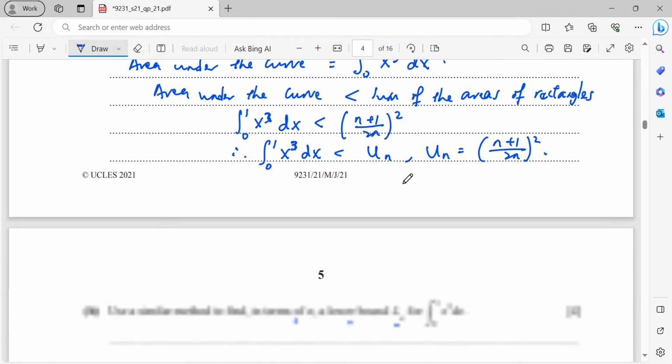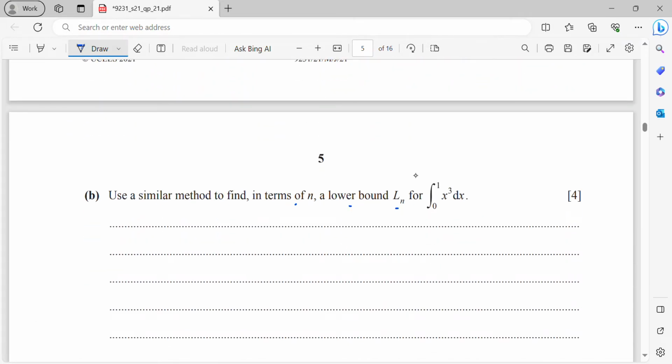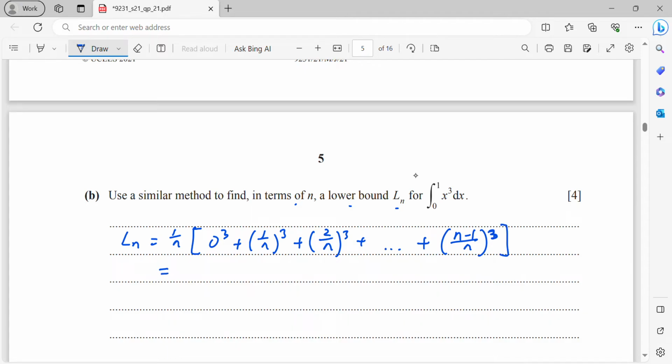So here, my Ln is 1 over n. The first height is 0 cube. Then 1 over n cube plus 2 over n cube plus until n minus 1 over n cube. Okay, so from here, the 0 cube, you can just ignore it.